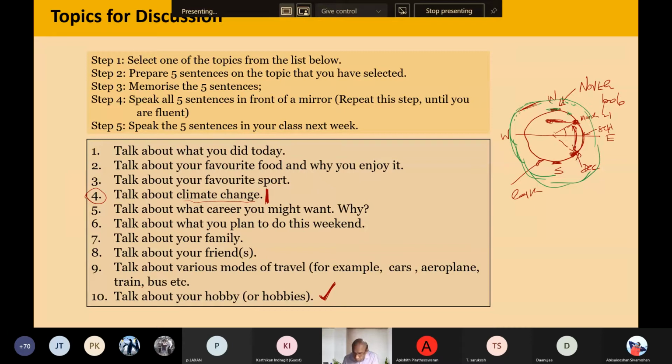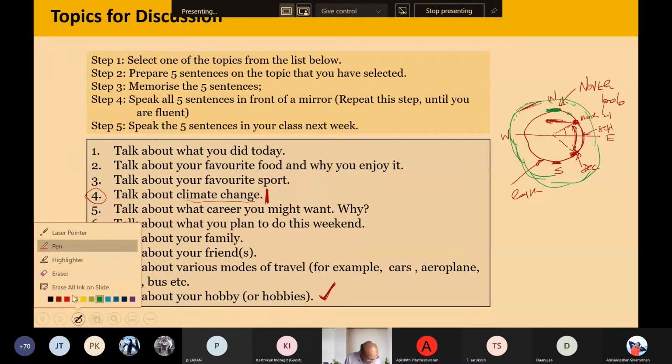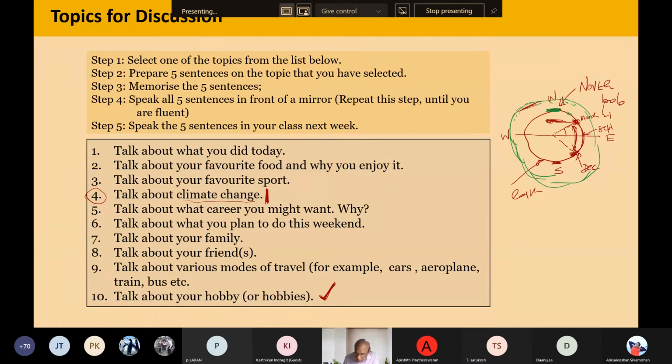That means what? The North Pole is full of ice, because the sun doesn't go there. So this is all ice, and it is melting now. Melting means the ice flows back as water, so instead of ice, you get more water. What will happen if you get lots of water?